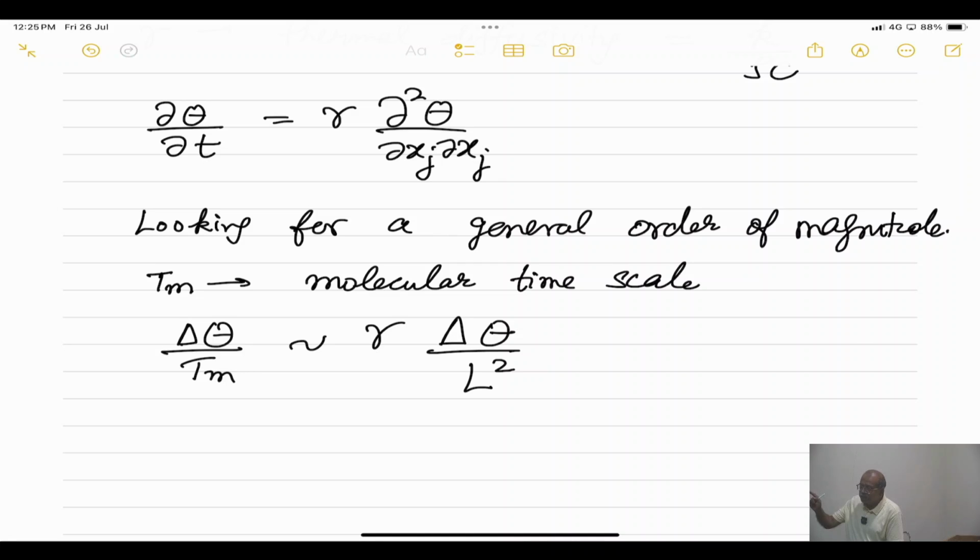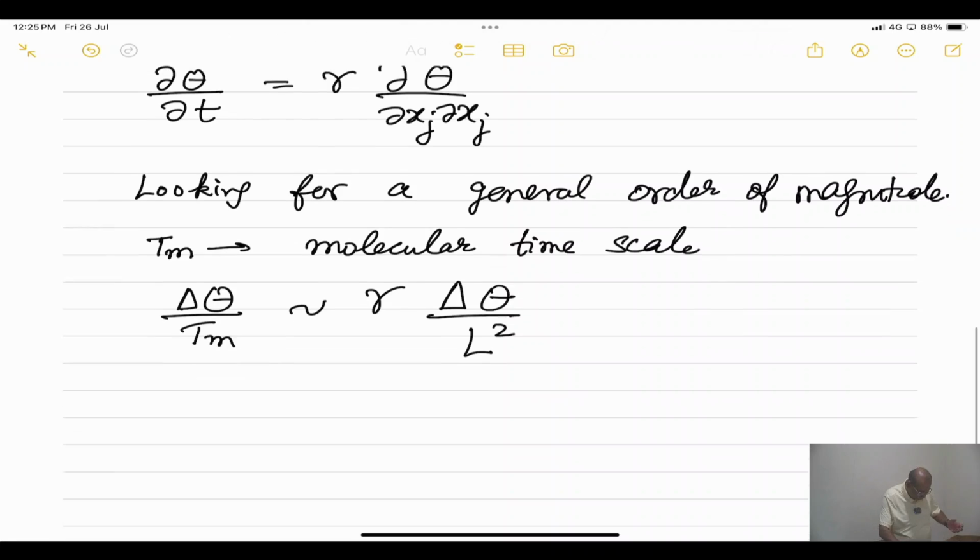Theta at xj plus 1 minus 2 times theta at xj plus theta at xj minus 1, divided by delta x square. So, each of the terms on the top is of order delta theta. It won't be square. Had it been a theta square somewhere, then it would become theta square. The square is on d2, not on theta. Clear?